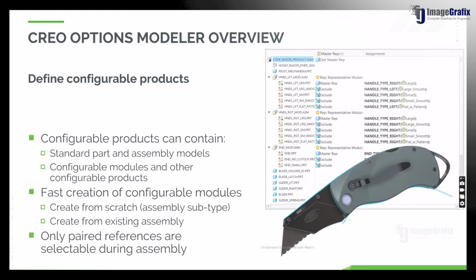Once you define those modules, you can include them in the main assembly or build a new configurable assembly. Both options are available: you can create a new assembly, and you can also include that into an existing assembly.